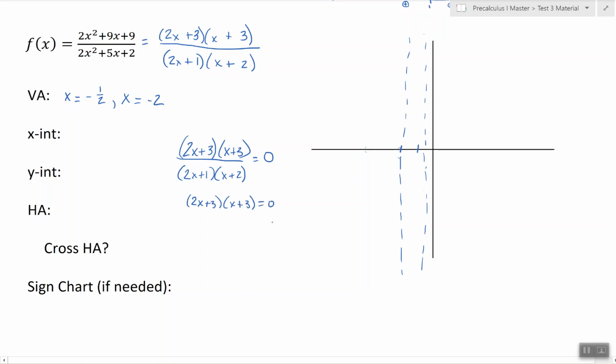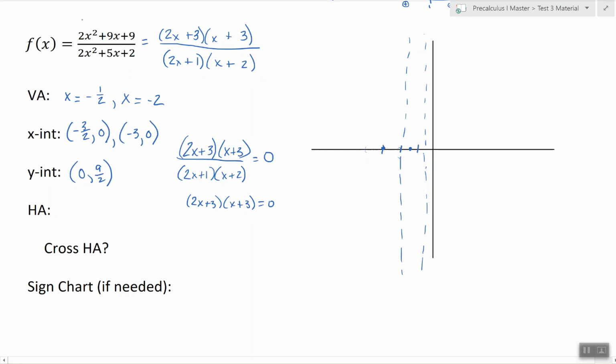And when I solve that, I get -3/2 would cause my y to be 0, and -3 causes my y to be 0 there. So I have (-1.5, 0) and (-3, 0). For the y-intercept, remember we're making the x's 0, so these terms completely go away. I just have 9/2 left. So when x is 0, y is 9/2.